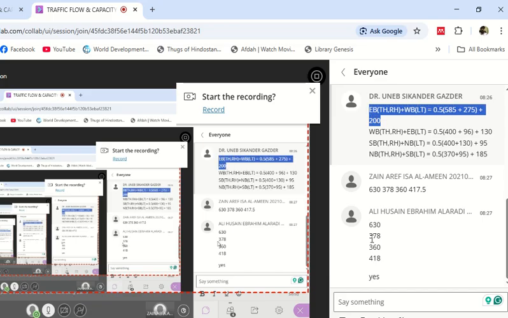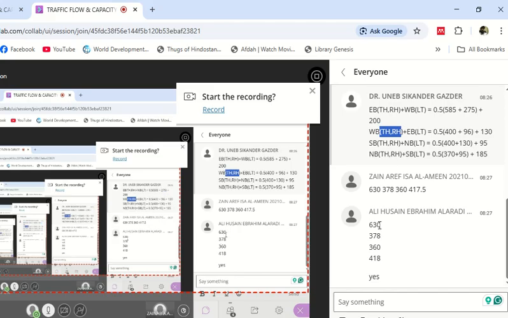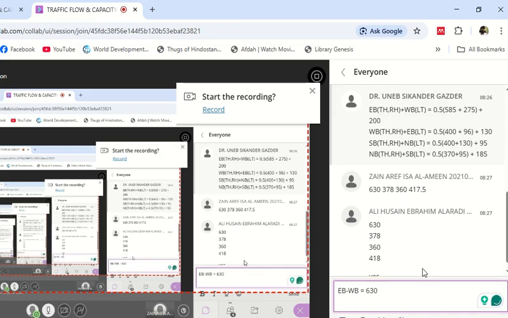So this one gives you 630 and this one gives you 378. So which one is more critical in the eastbound westbound case? The most critical one is 630. Similarly, for the north and southbound case, you have this conflicting pair, which gives you 360, and you have this one which gives you 418.